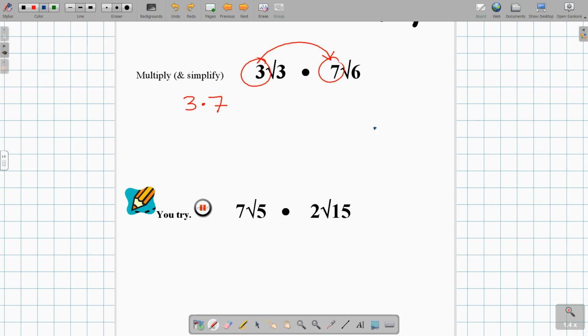Three times 21 is 63 root 2. Outies, innies, simplify.